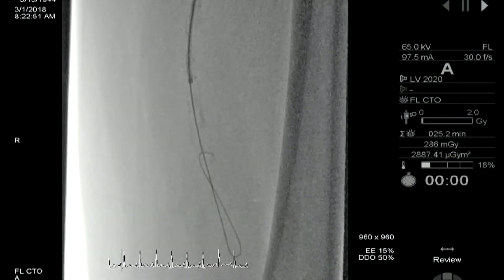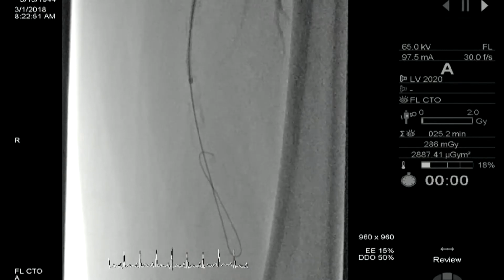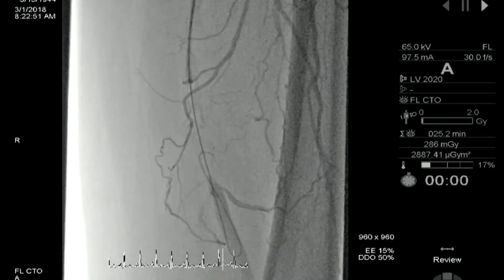But if you can see closely here, we are subintimal and our whole task is to get back to the true lumen. Next.